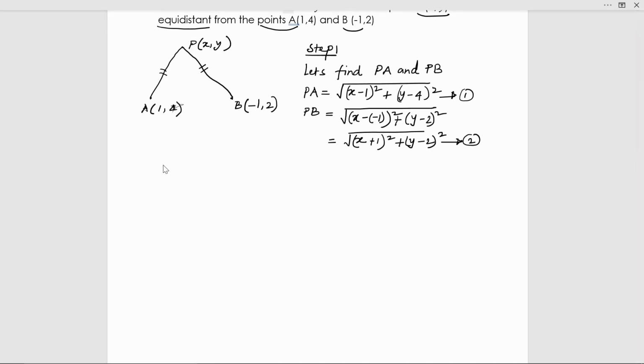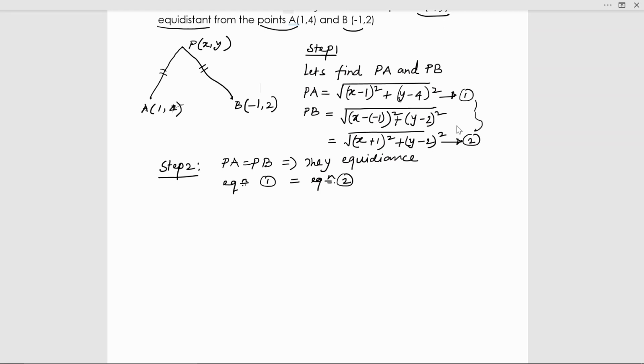Now in step 2, as in the earlier case also, we try to find the relation between PA and PB. So we know they're equidistant. So PA is equal to PB as they are equidistant. Therefore, in short, I am writing equation 1 is equal to equation 2, so these two equations are equal.